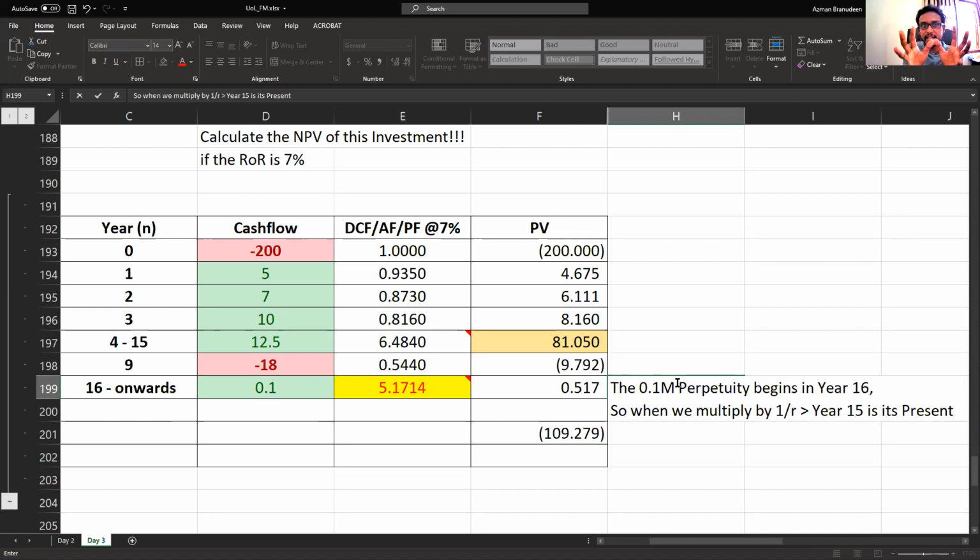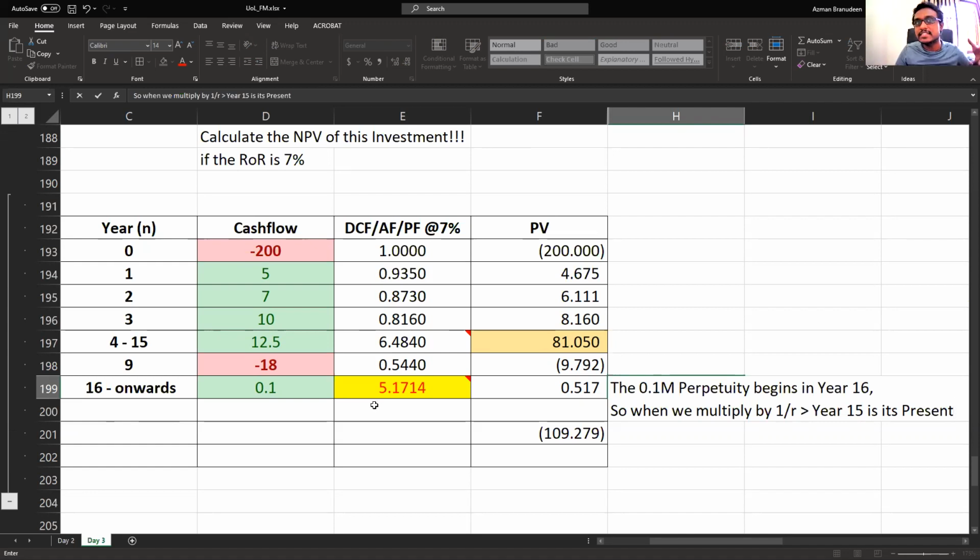The result that we get by multiplying 0.1 into 1/7% is, in the timeline for that figure, year 15 is its 0. So that cash flow is now at year 15.